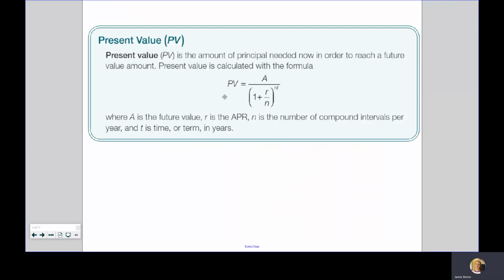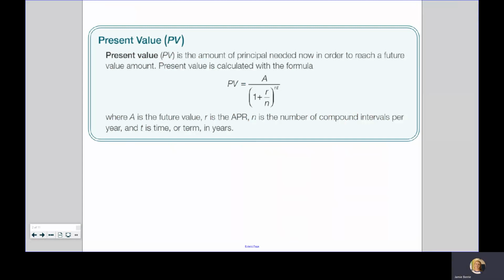So this is going to tell us the amount of money that we need to invest right now in order to reach some future value amount. A is the future value amount. That's the amount, say, that we want to save for our car loan. R is your APR, your interest rate. N is the number of compounding intervals per year. And T is the time or term in years.